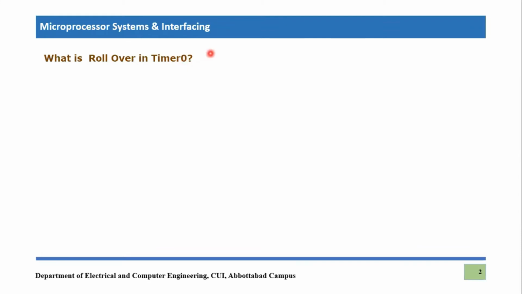That means we will count from 00 hex to FF hex, right? This is the count of 8-bit. And if we are counting in 16-bit, that means we will be using 4 hexadecimal symbols, so 0000, and this count will go up to FFFF, right?